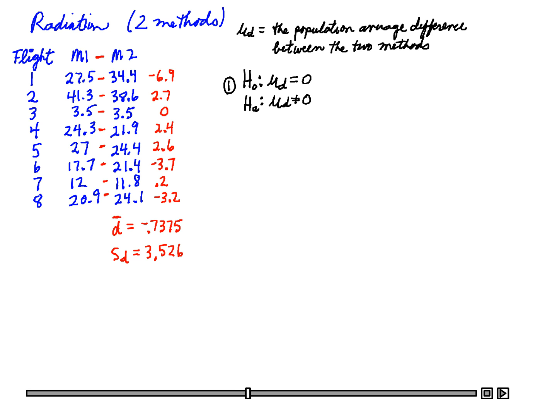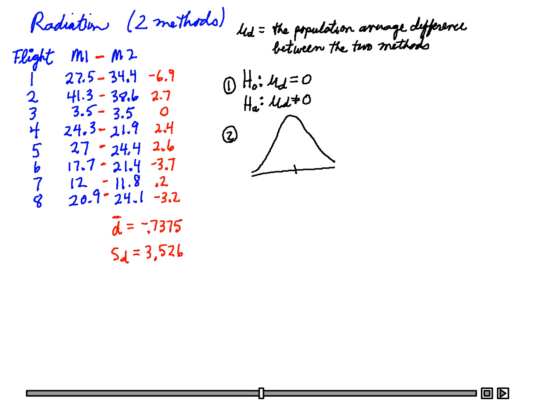So we're really just testing one sample of differences, and we're running a one population test. So this kind of test goes back to something we were doing prior to this chapter. And the first step then is to set up the null and alternative hypotheses. The second step is to look at the sampling distribution.